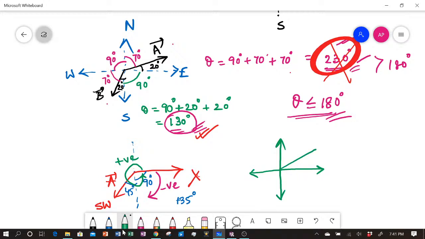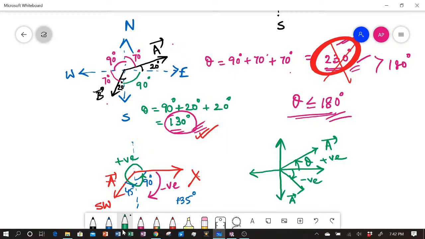If it is a vector A, then it is our angle, theta. It is positive. And if it is here, then it is negative, right? In general?